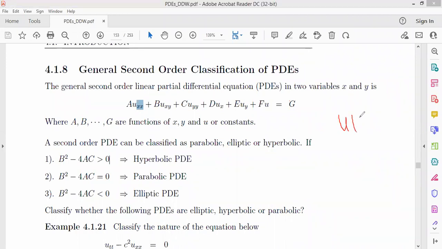If you have a UXY, this is partial. I even added a T there, and I explained why I added T, that each process you do, T is involved. So the independent variables here, it is X and Y. Of course, T is always independent. The U is dependent. Is that okay?